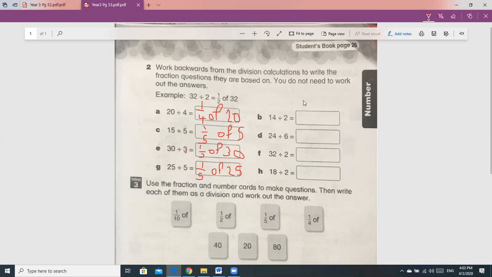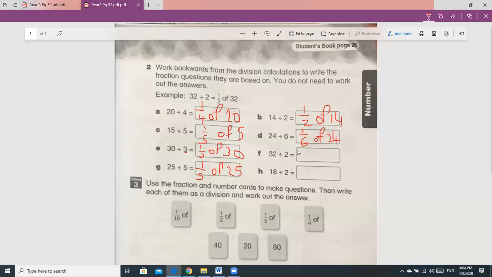14 divided by 2 means half of 14. 6 of 24.